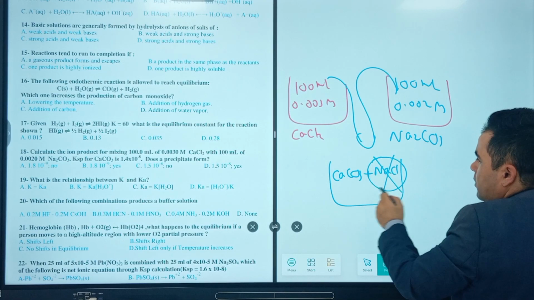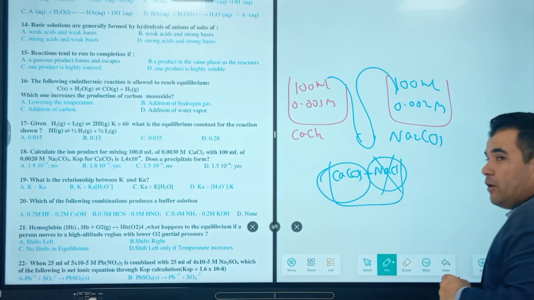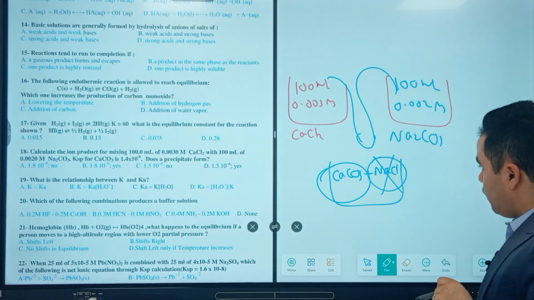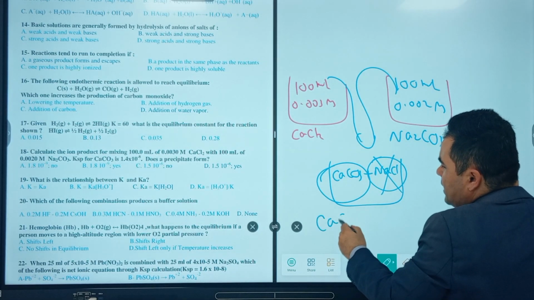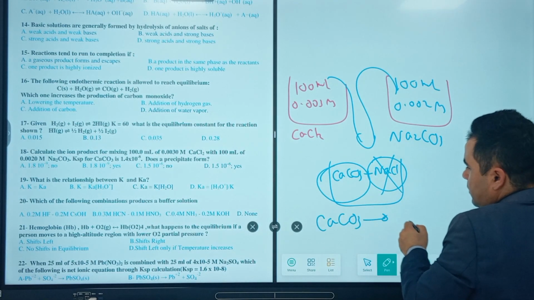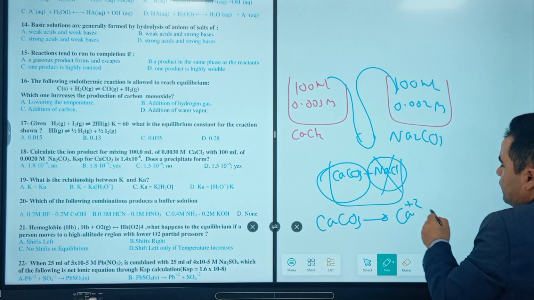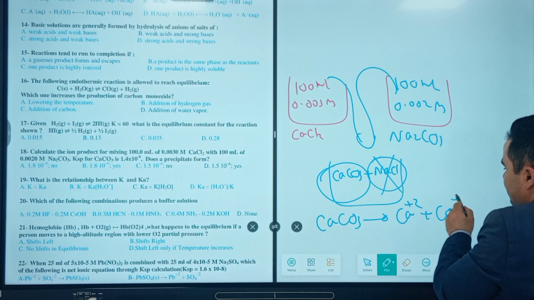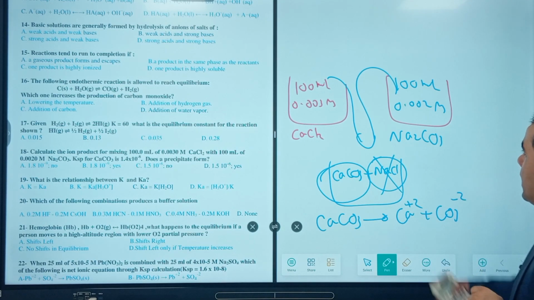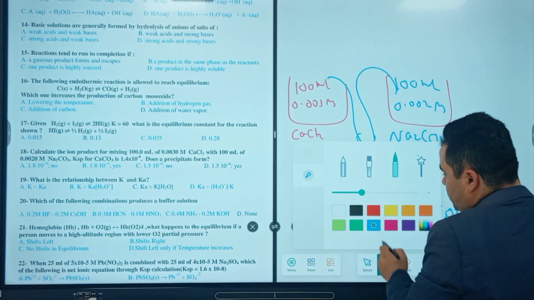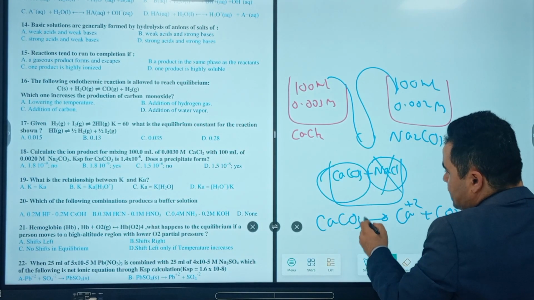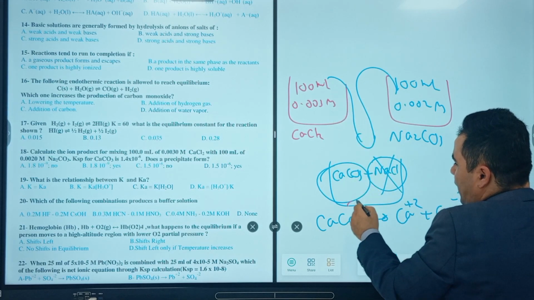NaCl is soluble, so the one that we have to find the IP for is CaCO3. CaCO3 produces Ca2+ plus CO3 2-. The volume of the third container is 100 plus 100, 200.